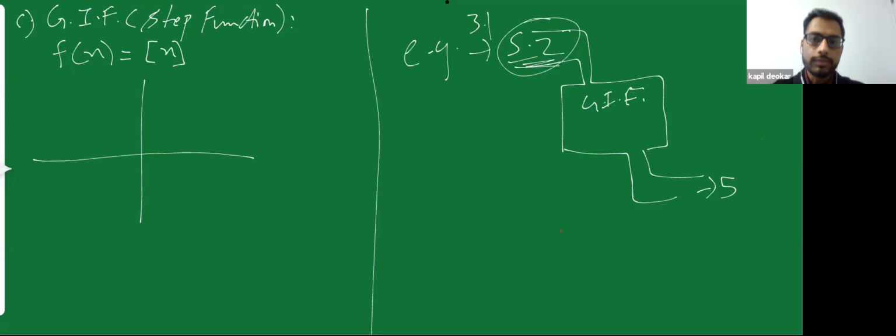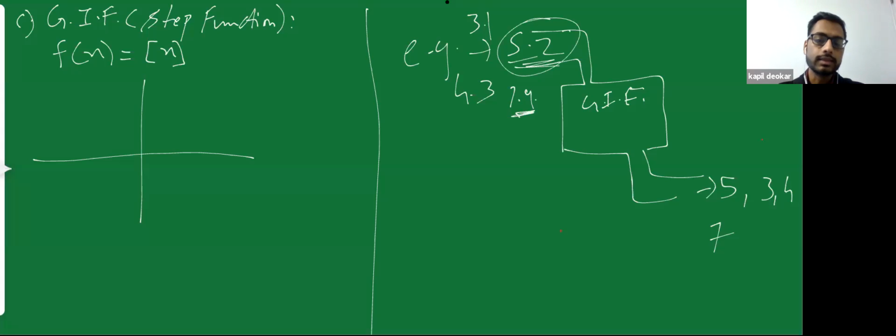Consider one more example. If I put 3.1 in this machine, it will round it off and I will get output as 3. If I put 4.3, I will get my output as 4. Now remember that if there is 7.9, it will round it off to its closest integer which is less than this. So 7.9's closest integer which is less than 7.9 is 7.